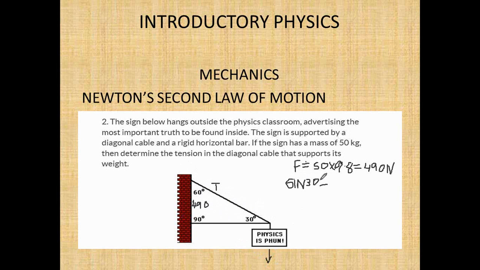The sine of the angle is equal to the opposite. So if we're talking about this angle, this is the adjacent side, this is the opposite side, and this is the hypotenuse. The sine of the angle is equal to the opposite, which is 490, over the hypotenuse, which is the tension.